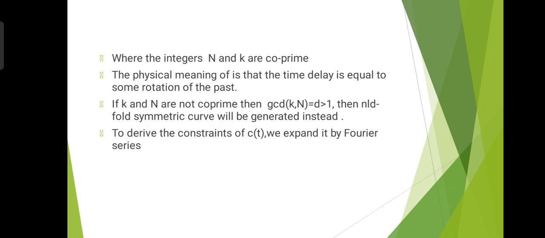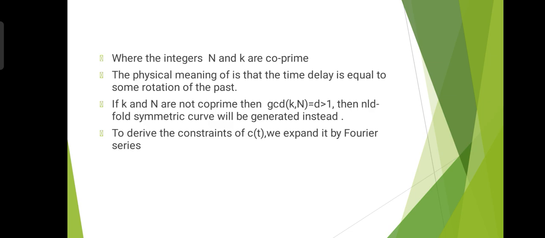When the constant integers k and n are not co-prime, then the GCD of k comma n is equal to d, which is greater than 1, and an n-fold symmetric curve will be generated instead.